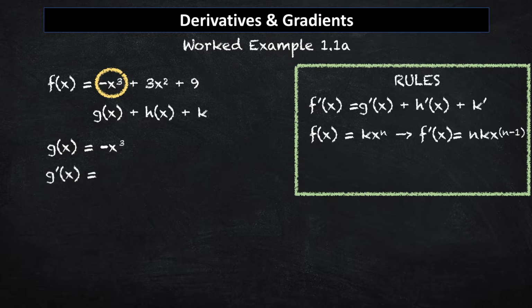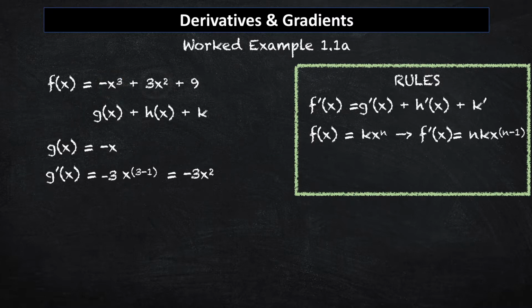So in our case, the derivative of g is minus 1, which is our k constant, then we have the number 3, which is n, and then we multiply everything by x to the power of n, which in our case is 3, minus 1. So the derivative becomes minus 3x to the power of 2.